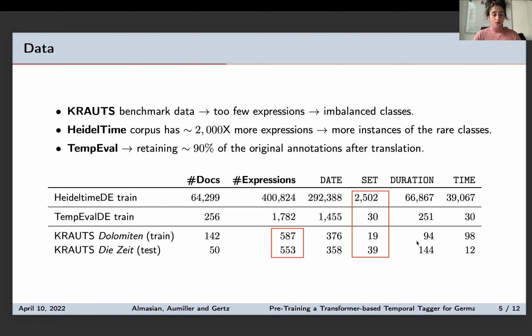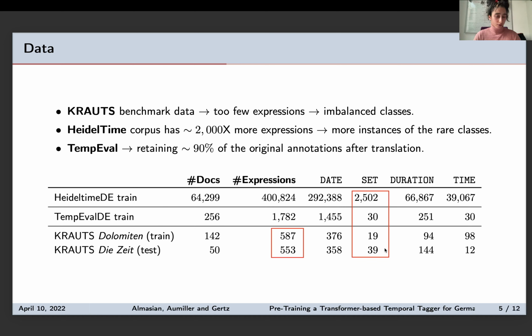And the problem is that we have less support in the training set than we actually have in the test set for the rare classes. For example, in the set class, we only have 19 examples in the train set, but 39 in the test set. We hope that we can remove this problem by adding more examples to the rare instances through the HeidelTime corpus, which has 2,000 times more expressions and more instances of the rare classes.